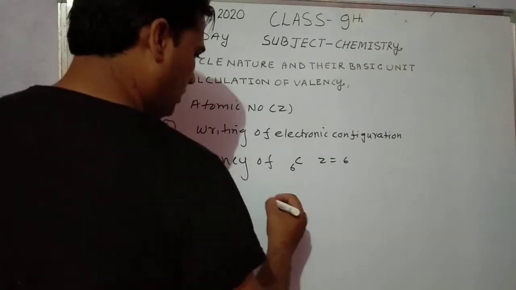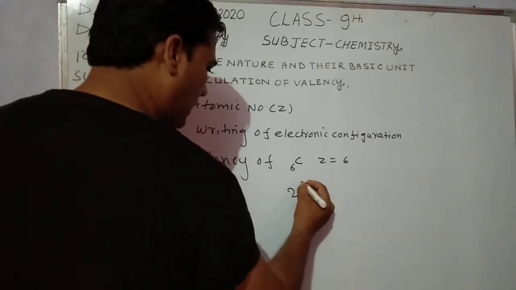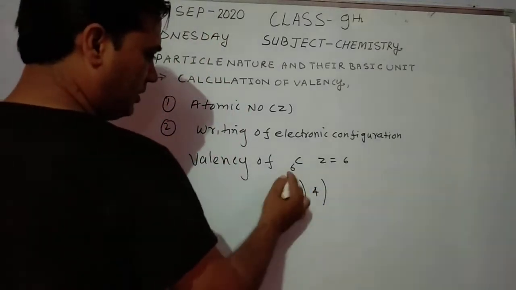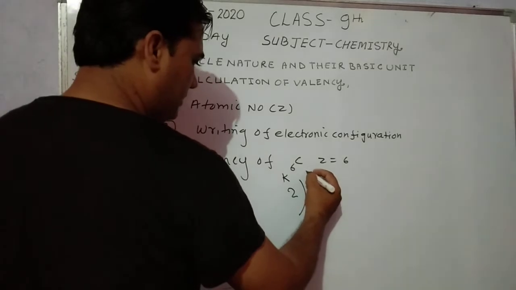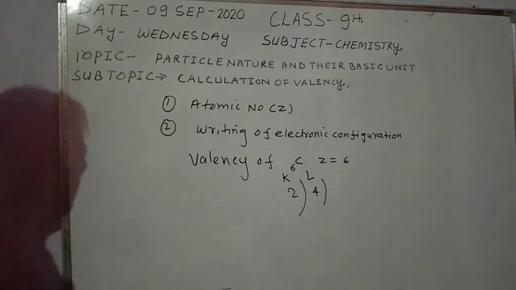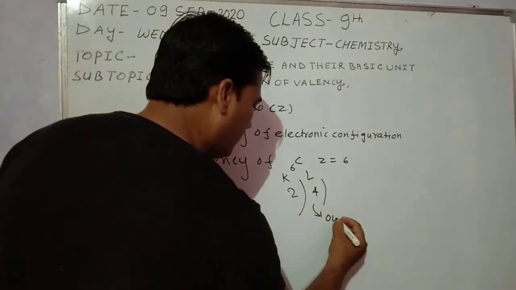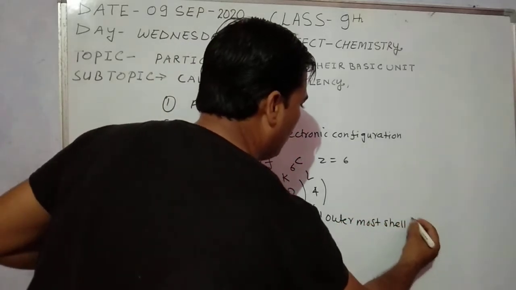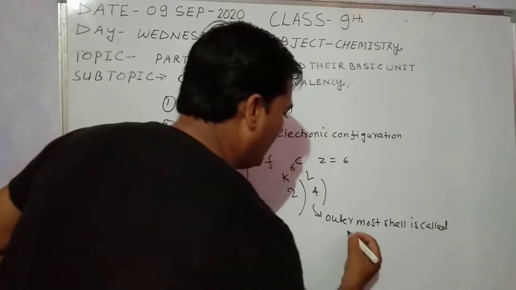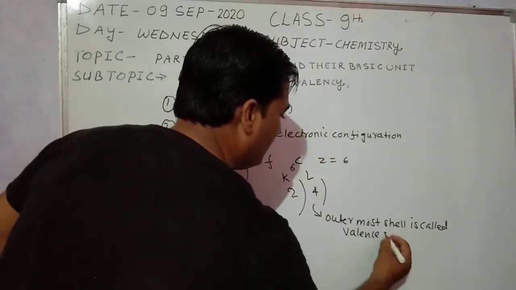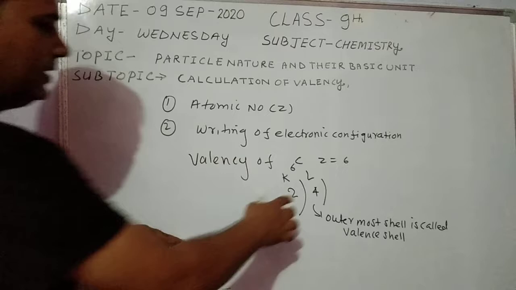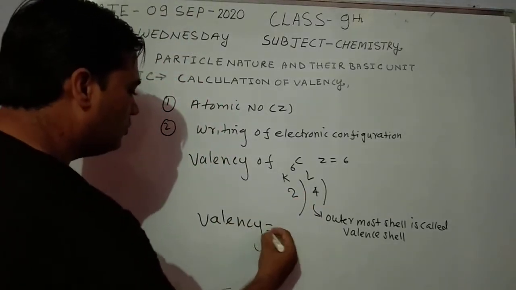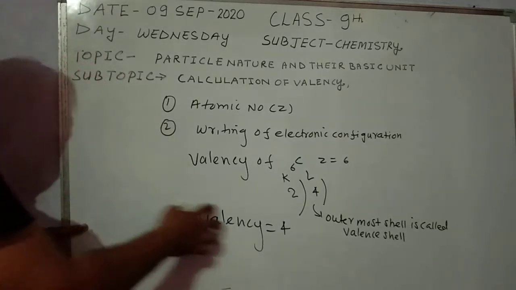So electronic configuration: the first shell contains 2 electrons and the second shell contains 4 electrons. The first shell is represented as K and the second shell as L. So the outermost shell is called the valence shell. If the outermost shell contains 4 electrons, then its valency is equal to 4. So the valency of carbon is 4.